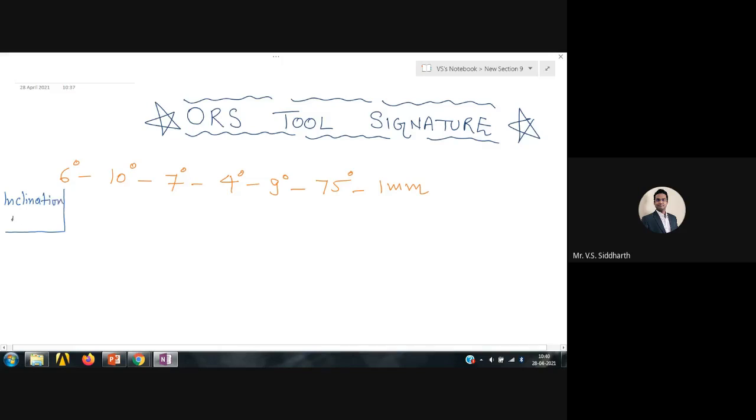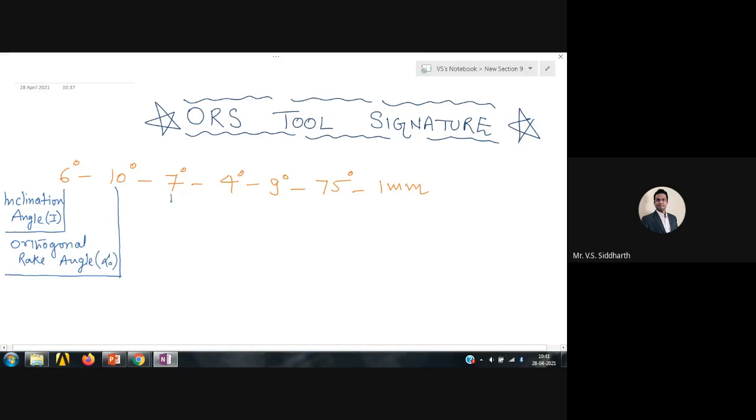We represent it by I. The second angle is known as orthogonal rake angle, alpha O.